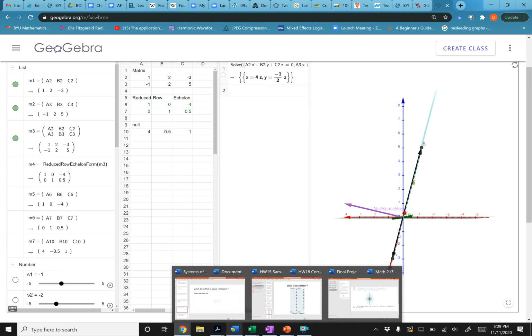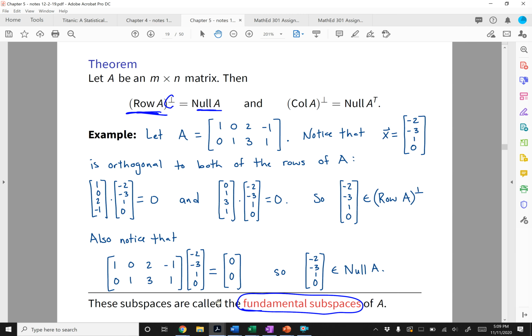So let's get back to this. The orthogonal complement of the column space is the null space of A transpose. If you transpose A, then your old columns are your new rows, and the null space of those new rows is the orthogonal complement of the column space.